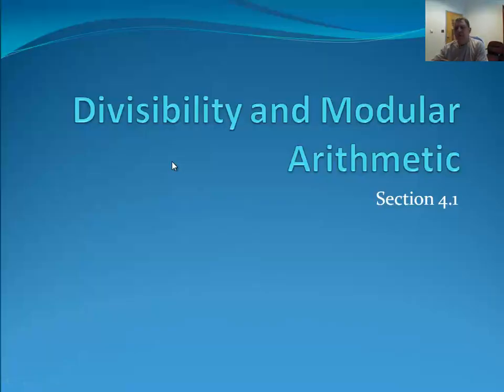The first thing that we want to discuss is divisibility and modular arithmetic. We want to know if two numbers are divisible, and if they're not divisible, what's the remainder? In a lot of situations in computer science, the remainder is very important for us because we need to know how much is the leftover and what we do with that.